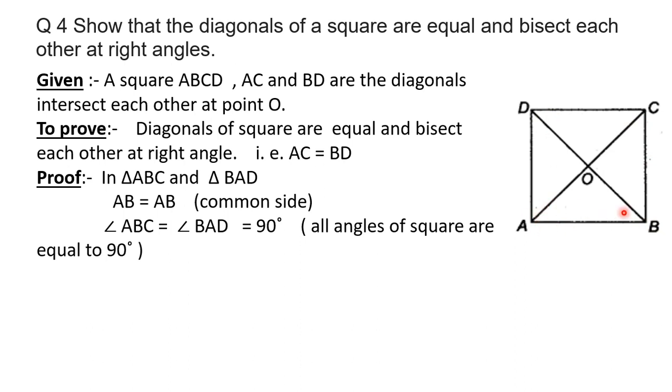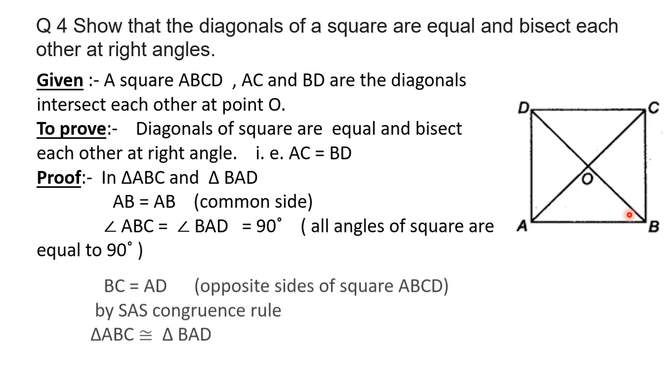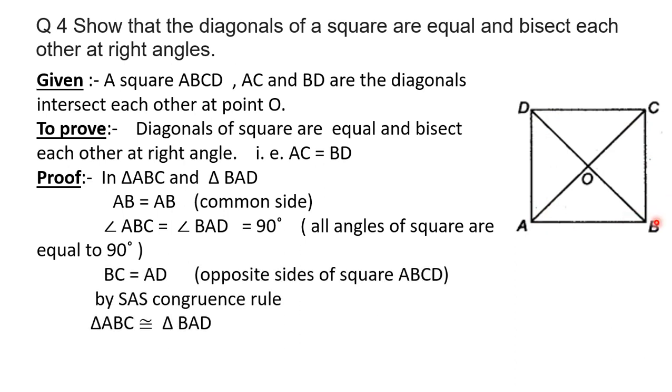This angle A and this angle B are 90 degree, as this is given ABCD is a square. So in a square we have all angles are 90 degree. And the third thing is this side BC is equal to side AD, as sides of a square are equal.